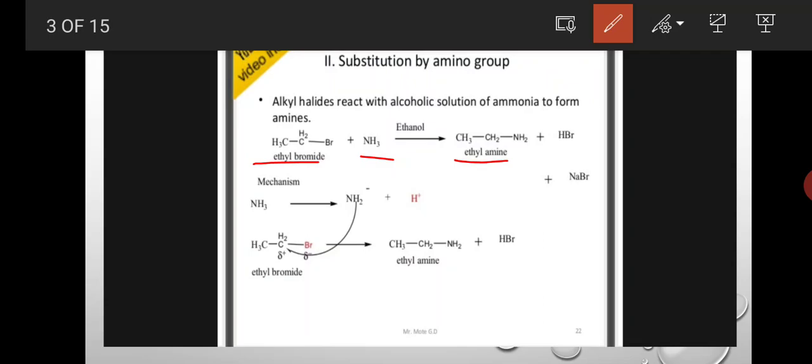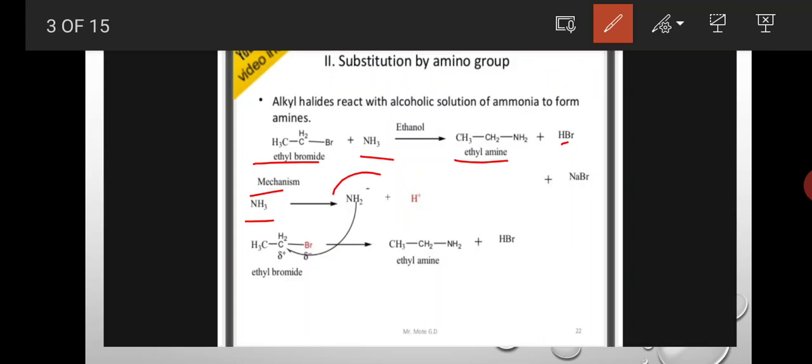Means here bromine is substituted by amine group, NH2 nucleophile. So ethyl bromide is converted to ethylamine and the byproduct is hydrogen bromide, and there is a mechanism. In the mechanism, first ammonia NH3 dissociates into NH2 minus and H plus.